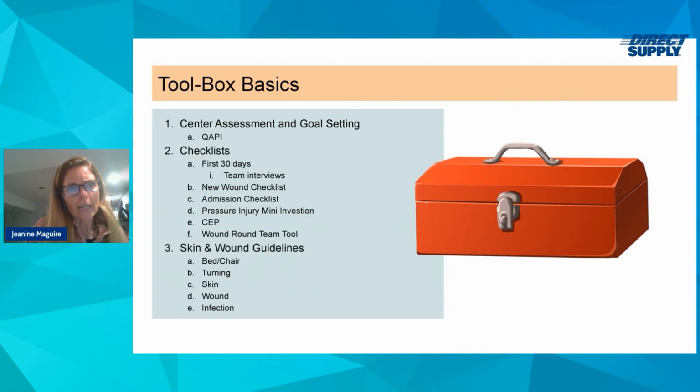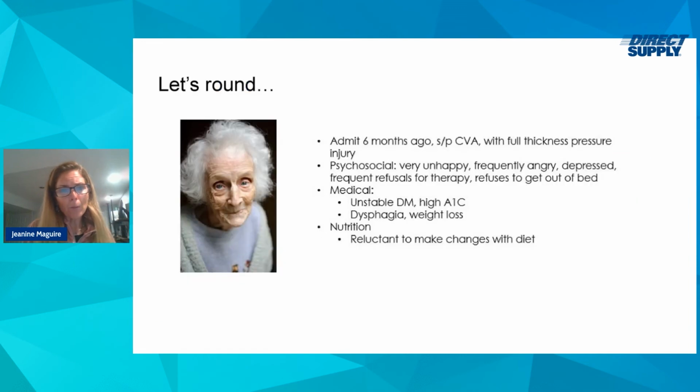What are the turning schedules that are appropriate? Because we know the 2-hour rule is debunked, right? It needs to be a variety based specifically on the individual's needs. We need to have a guideline for good skin care, making sure a team member looks at skin every day, that we're using proper moisturizers and creams when appropriate to keep that skin healthy. We need wound guidelines and guidelines to manage bioburden.